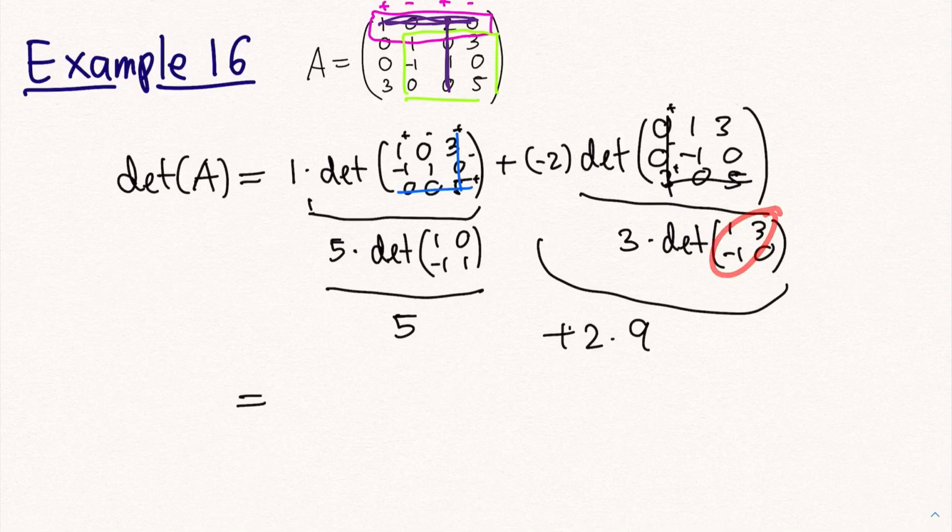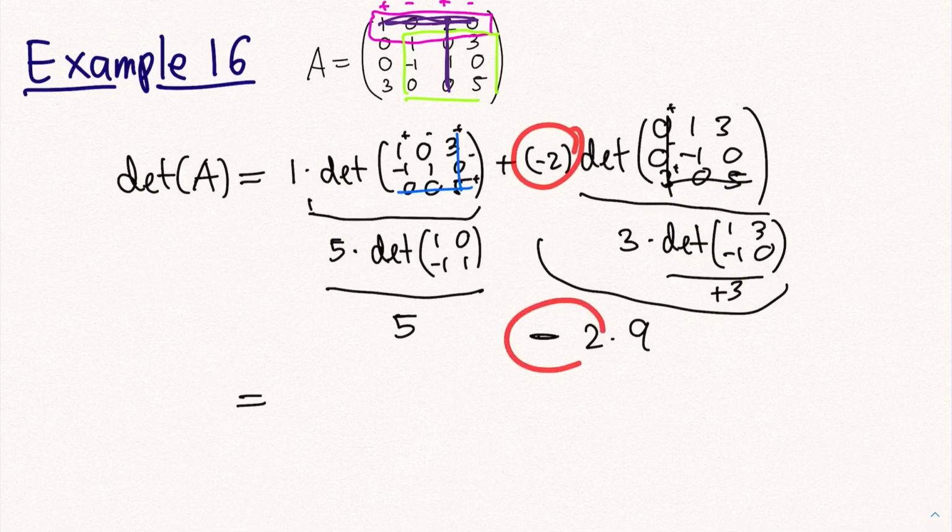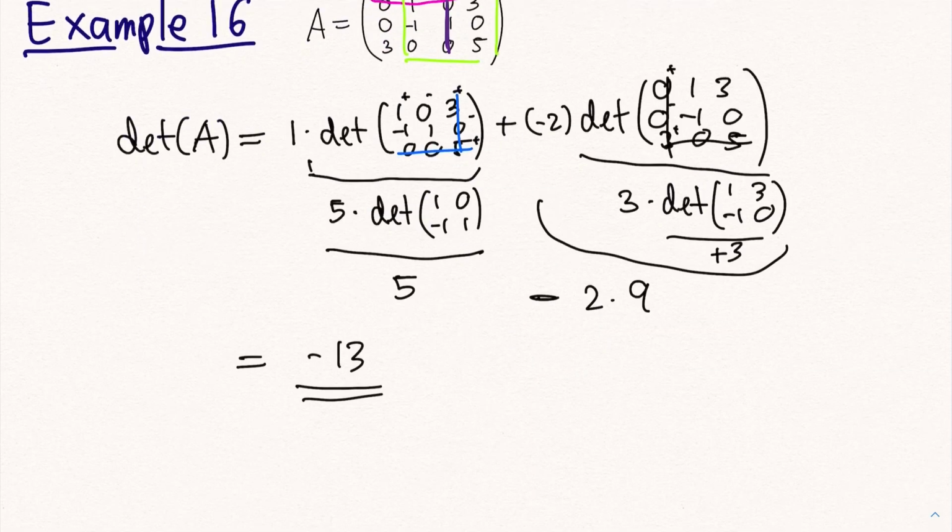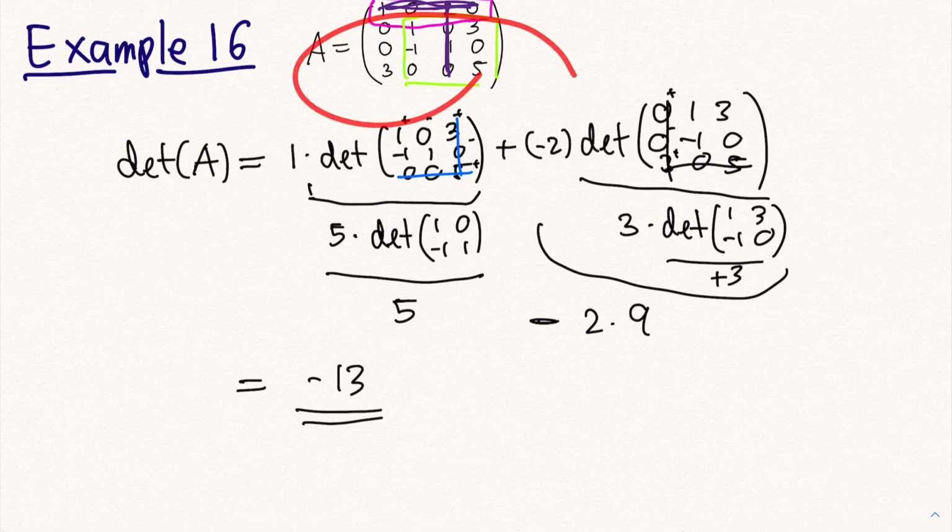So this has the determinant plus 3, so it's 3 times 3 is 9, times minus 2, so it's minus 18, so in total this is minus 13. And the determinant of this matrix is minus 13.